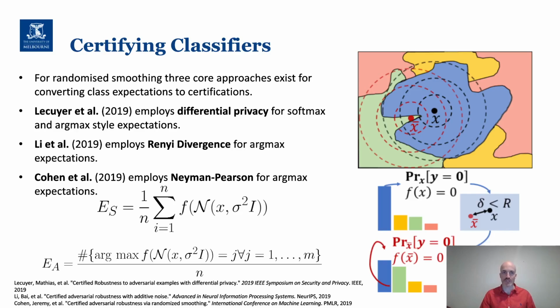Now, one of the things that we noticed when we were investigating these mechanisms initially, and that spurred this work, was the observation that the differential privacy-based mechanism that LaCoya used is quite a general, very standard mechanism.